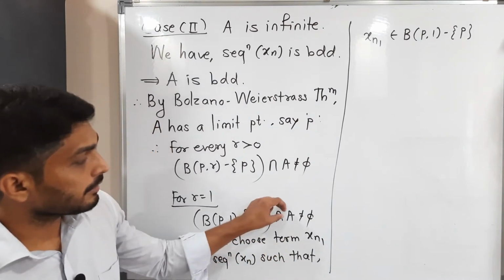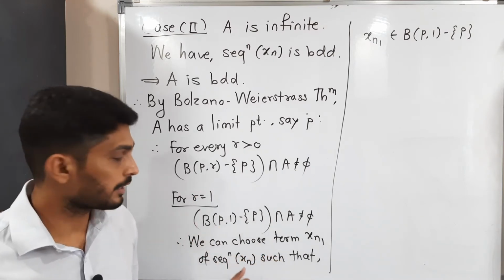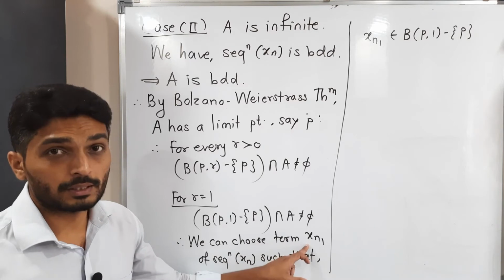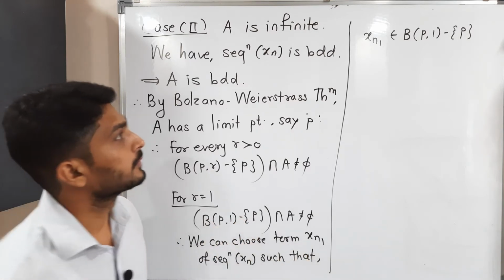So I am taking a term from A, that means this is a term of the sequence xn. Therefore, we can choose a term xn1 from the sequence which will lie in this ball, okay?